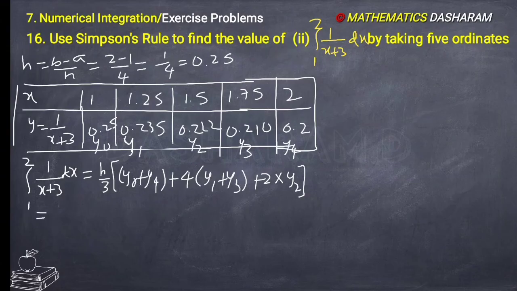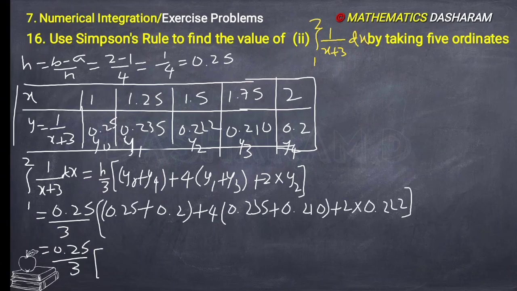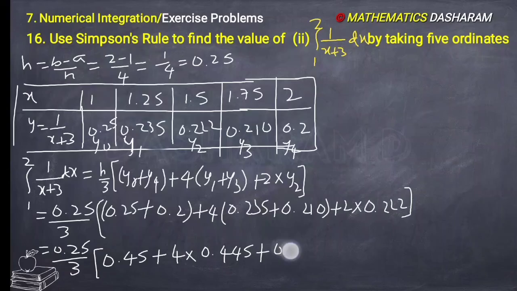So it equals h value 0.25 by 3, and substitute the remaining values. 0.25 plus 0.2 is 0.45, plus 4 into the addition of these two numbers, which is 0.445, plus 2 into 0.222 is 0.444.